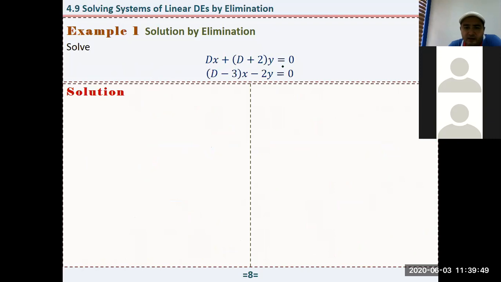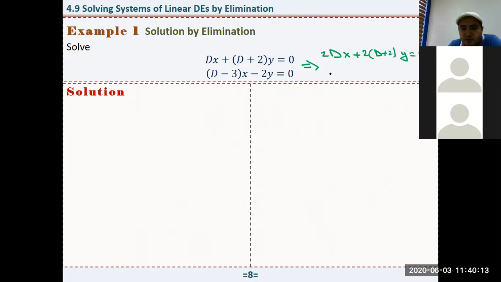Now you got the idea. What should I do here? I'm going to eliminate y, for example. So the first step, let me continue from here. Here we have D plus 2 y, here we have y, right? So first I multiply the first equation by 2. Then here we have 2Dx plus 2(D plus 2)y is equal to 0.